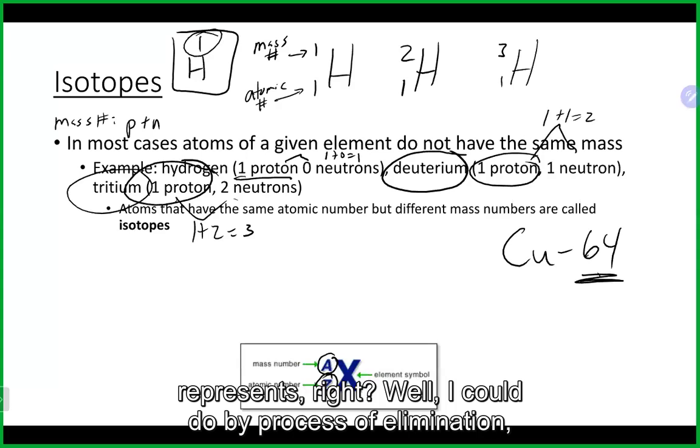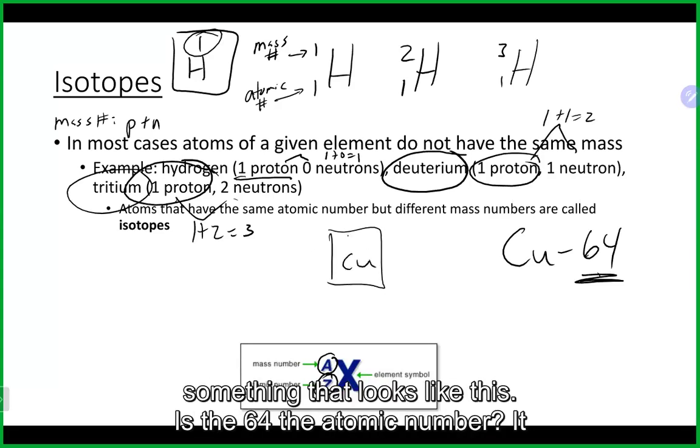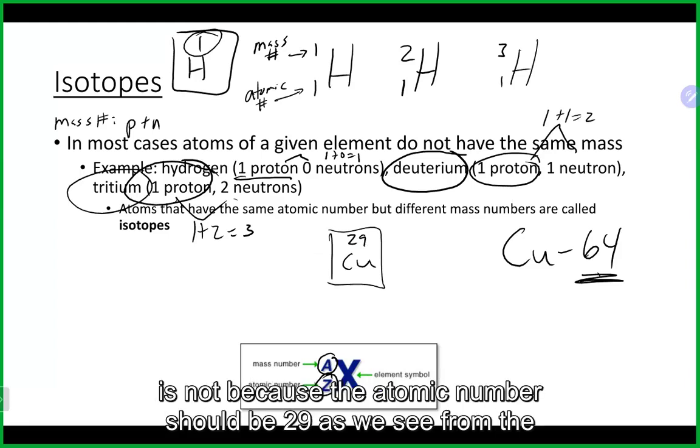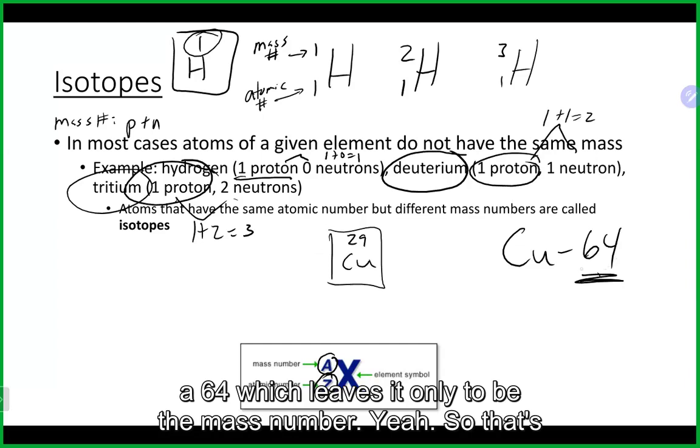Well, I could do it by process of elimination. If I go to my periodic table and I find copper, is the 64 the atomic number? It is not, because the atomic number should be 29, as we see from the periodic table. So this is clearly not the atomic number, which leaves the 64 only to be the mass number.